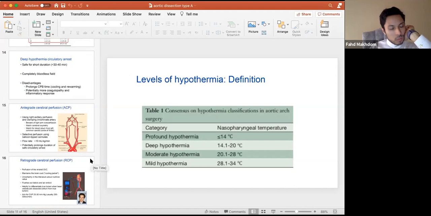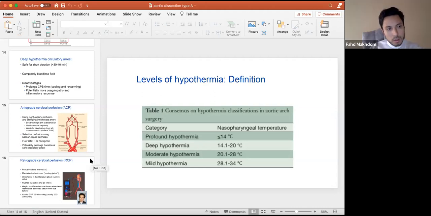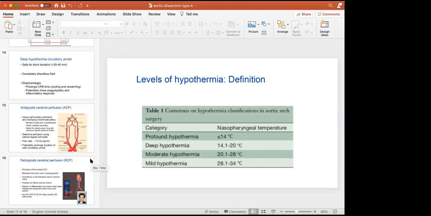So in the exam, I will say Bentall. Of course I'm not an expert to do valve sparing. Even though I saw it multiple times, I think I need to do a fellowship on it because it's a little bit tricky. So in the exam, I will say Bentall, even if the valve is competent.